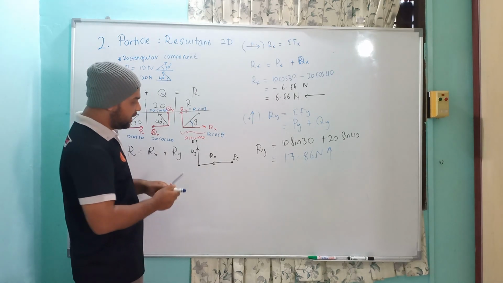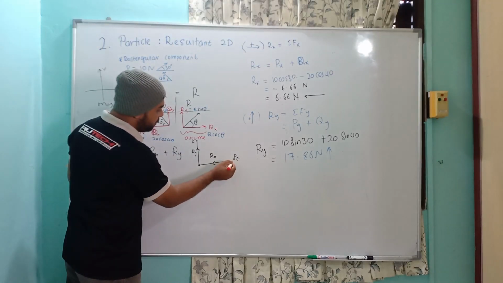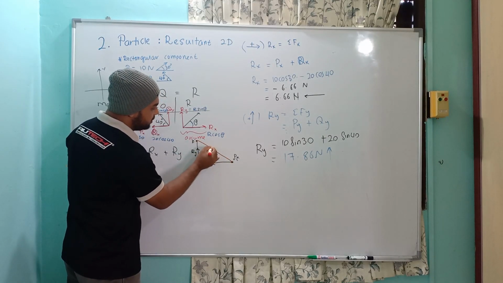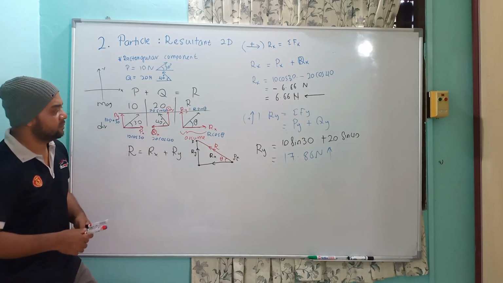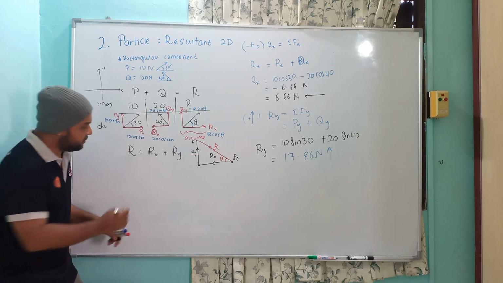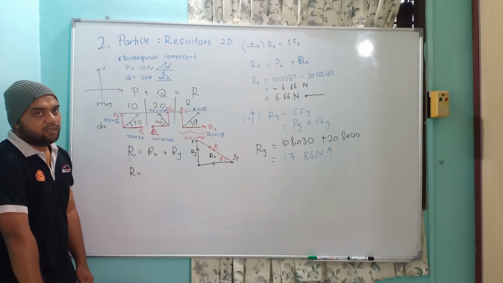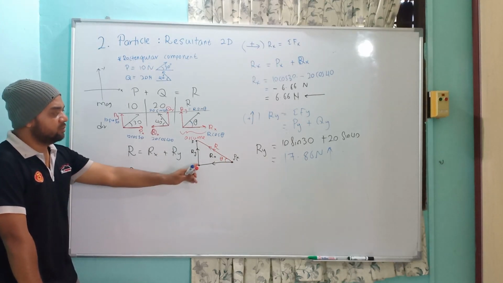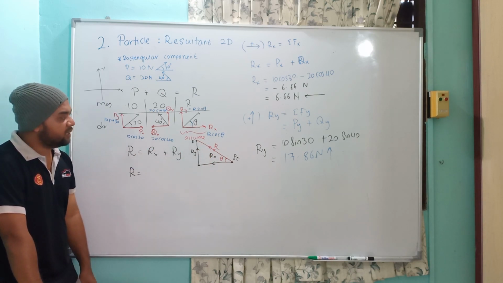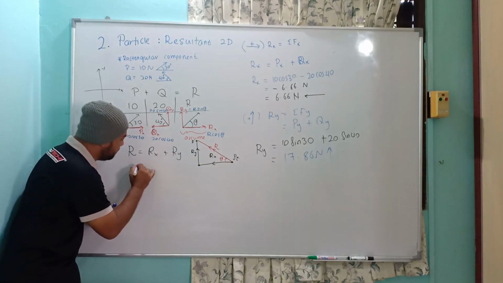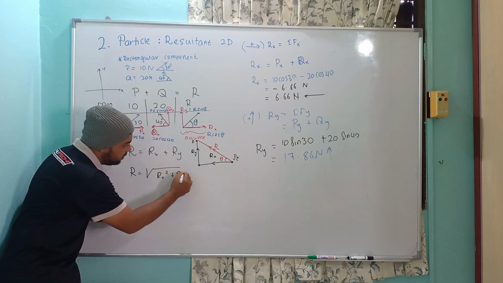So what is the R? R is from start point to end point. This is the R, and this is the theta. So how do you get that one? You can use cos theta, sine theta, or you can directly use R equal to square root of Rx squared plus Ry squared.